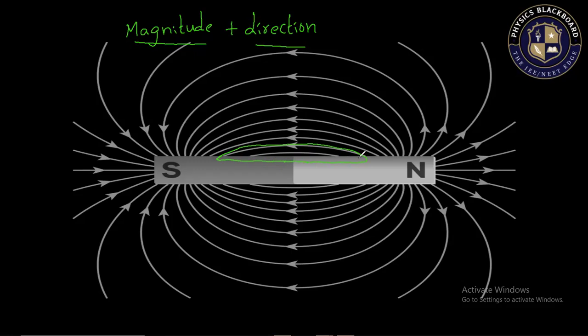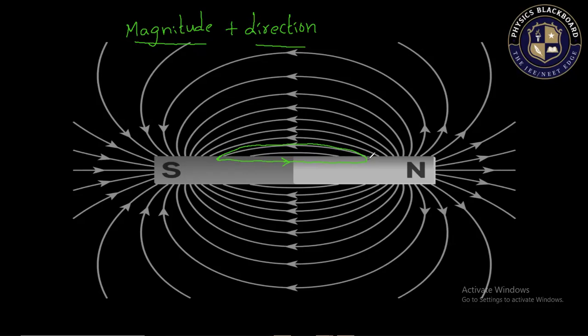The magnetic lines of force around the magnet in the magnetic field are continuous closed loops that have no beginning point and ending point.